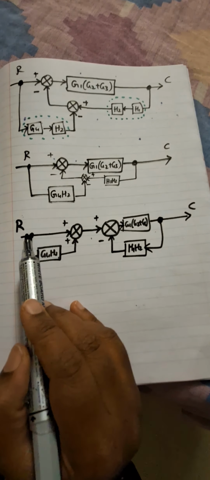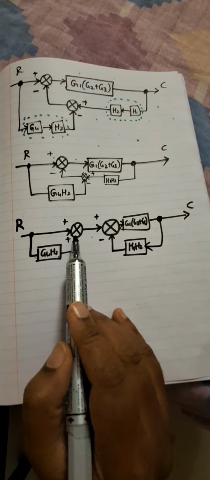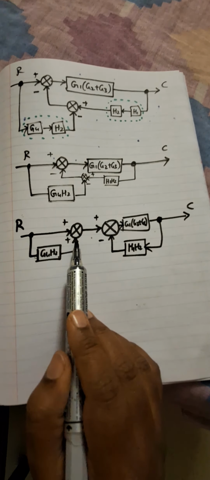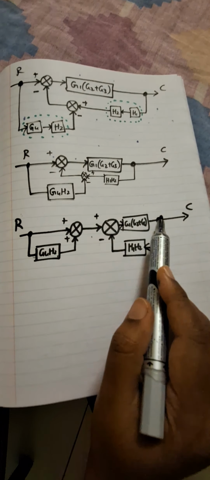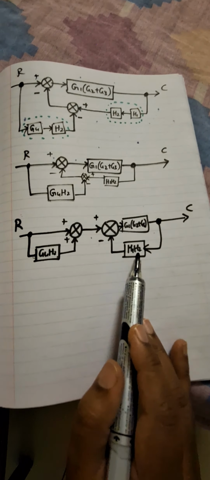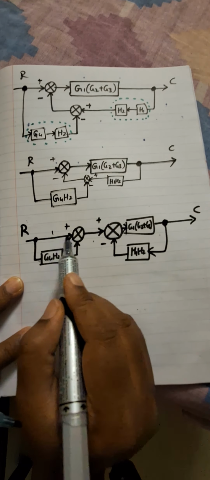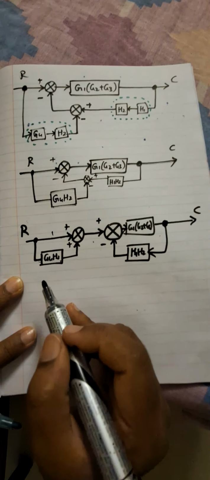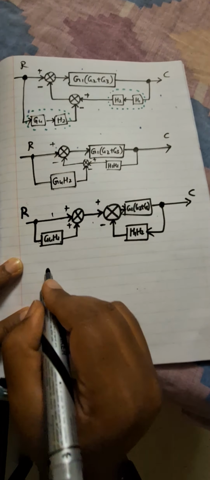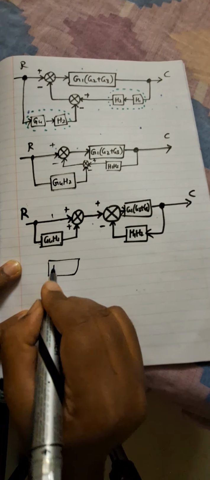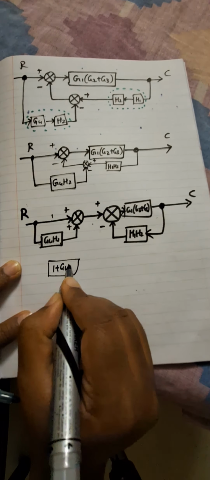So here 1 is going, A is going, B is going. So answer will be A plus B. Here A is going, B is coming back. So feedback. So G by 1 plus GH because negative feedback, and this is 1 plus G4H2. I am saying this as 1 because when there is no block here, it means one gain is there. So now these two I am writing them as 1 plus G4H2.